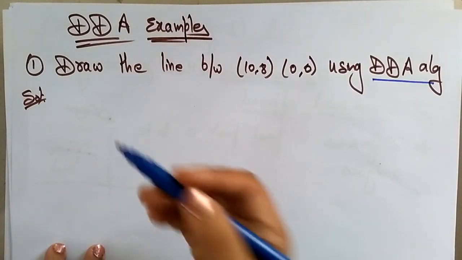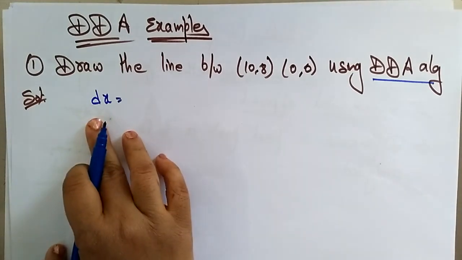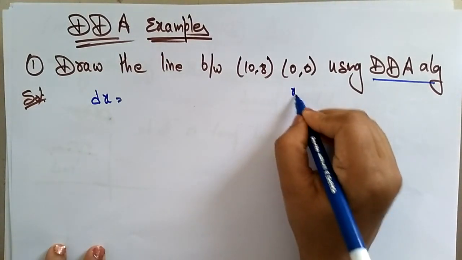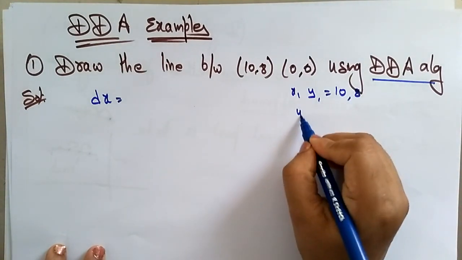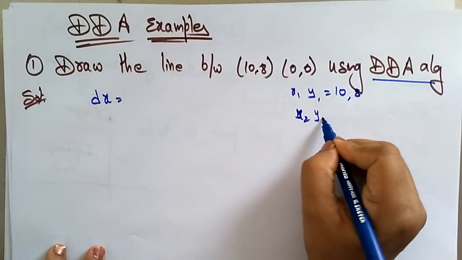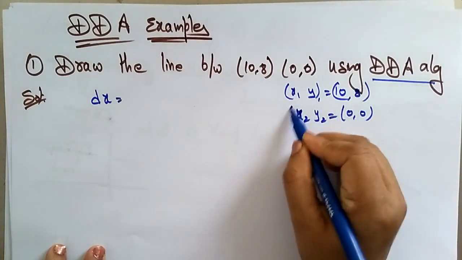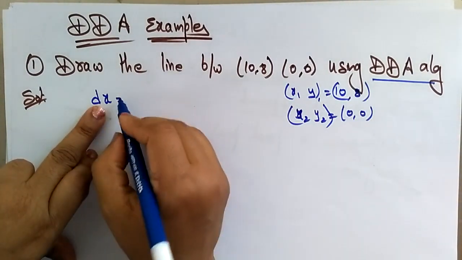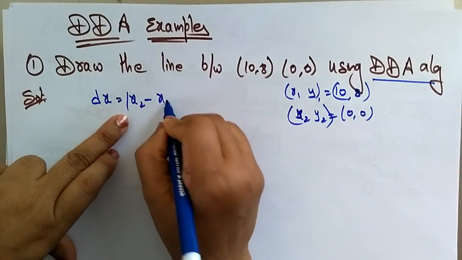Before drawing, first you need to find some parameters, that is the difference in x, dx. Let me take x1, y1 as (10, 8) and x2, y2 as (0, 0). The dx is nothing but the modulo of x2 minus x1.